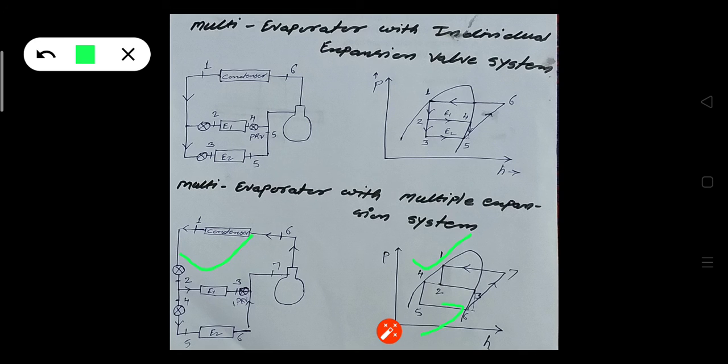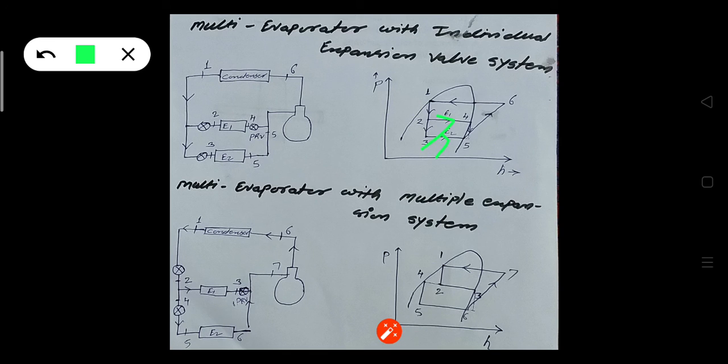Now we'll discuss the difference between the individual expansion valve and the multiple expansion valve systems. In the individual expansion valve system, the higher temperature evaporator process is 2 to 4 and the lower temperature evaporator is 3 to 5.